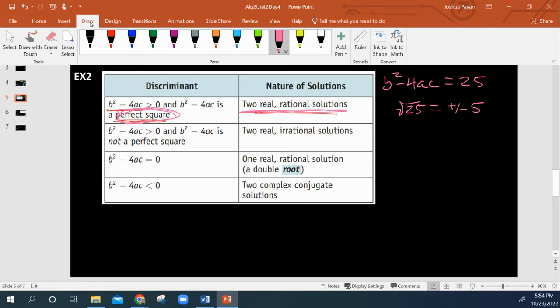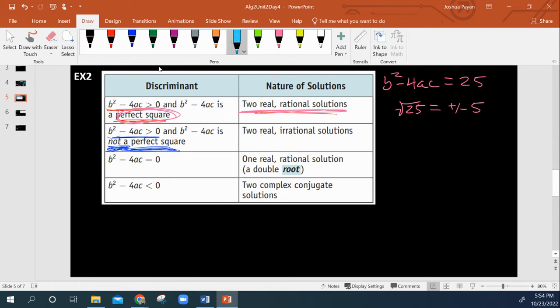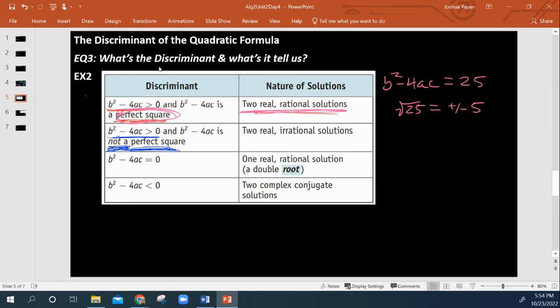Now, flip side, if it's not a perfect square, right, but it is still greater than zero, well, what does that mean? Well, let's say we got the square root of 24 instead, right? The square root of 24, that's not a rational number. We don't get a nice, cute square root from that, right?